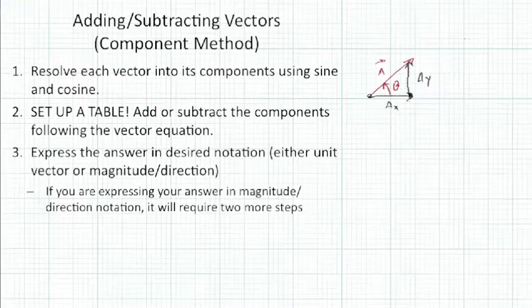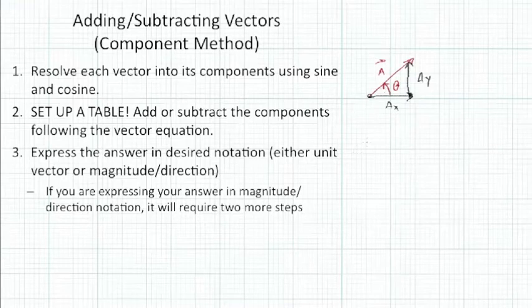What we do then to find AX and AY is simply use a trig function. So we have this angle right here, so let's solve for AX first. What's the X component of A? Well, that's the adjacent side to the angle, and if we know what the vector A is, we should be able to solve for that because we should know what the angle is as well.